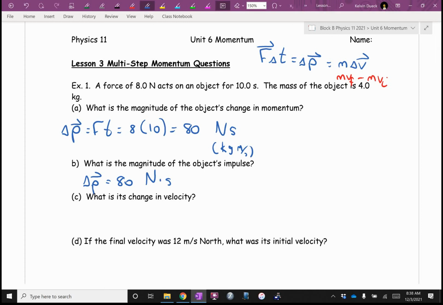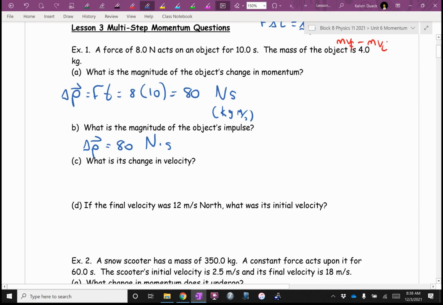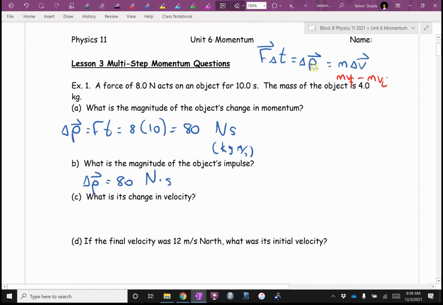Ooh, cool. What's C wanting me to find? I think I'm going to write these two. Impulse also equals m delta v. By the way, what's another way to say delta v?